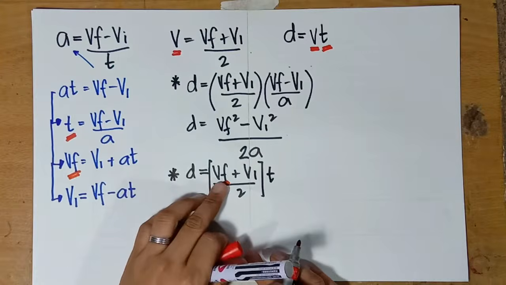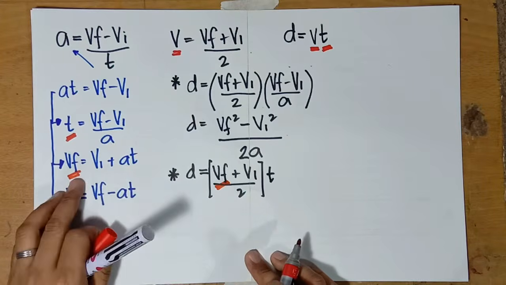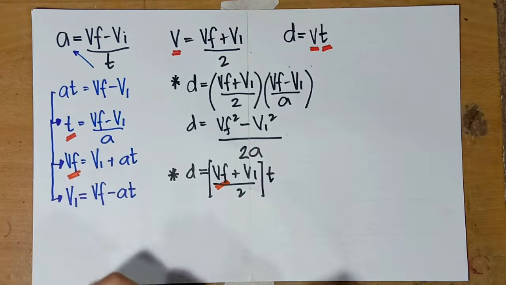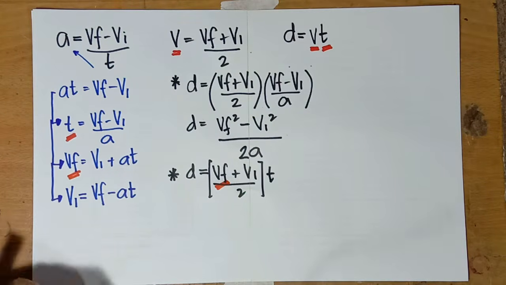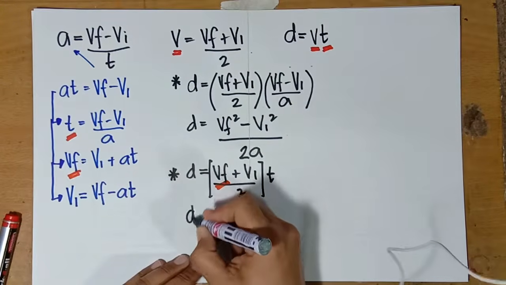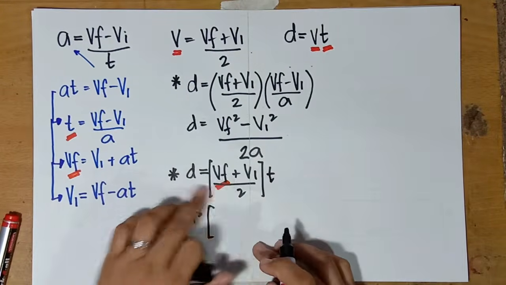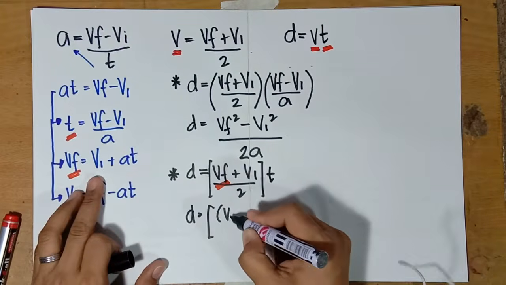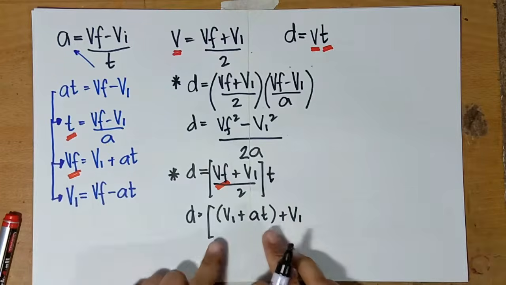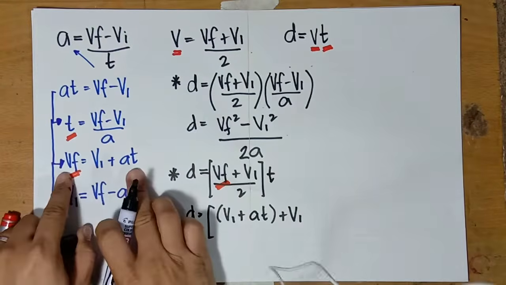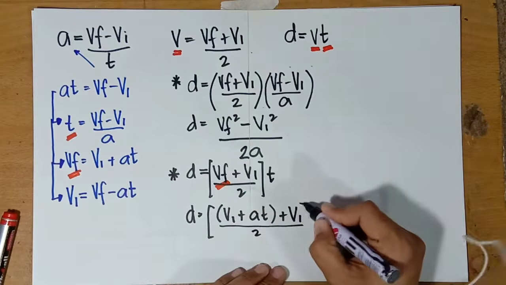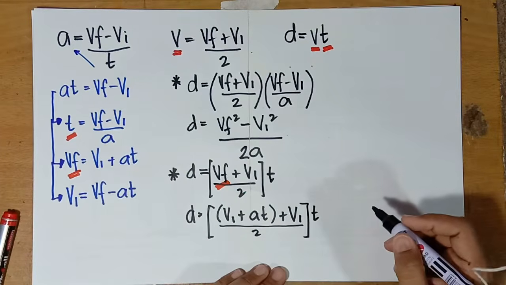So again, this Vf will be substituted with the formula of the Vf here, or the value of the Vf, which is equal to Vi plus at. Okay, let's do that now. So d is equal to the Vf to be substituted by Vi plus at, plus Vi, of course. So this one is the Vf from here. Then plus the Vi all over 2 times t.